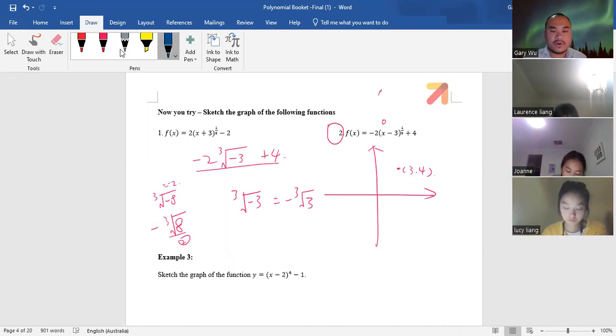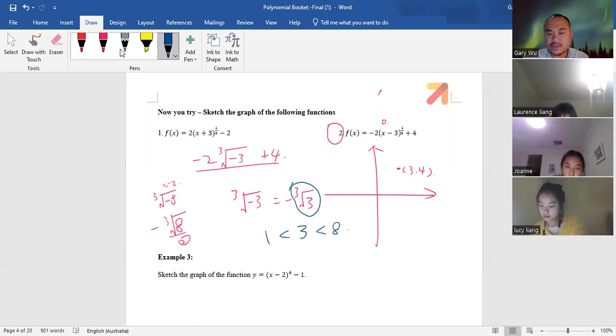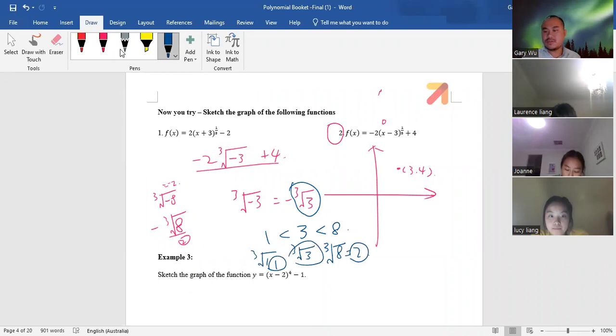And then how do I approximate this? We know 3 is between 1 and 8, right? The reason why I do that is because this one we know is 2, and this one is 1. So which means this one must be between 1 and 2. Does it make sense? You don't know exactly where it is, but at least you know that it's between 1 and 2.